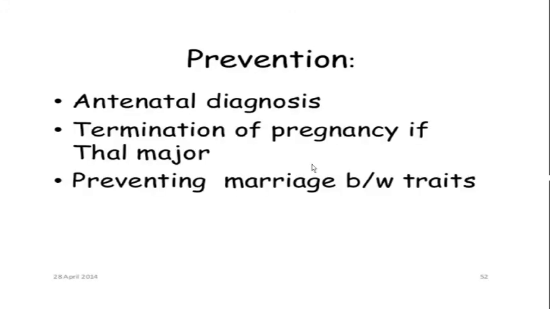So the prevention is very important, especially antenatal diagnosis. If you have an antenatal diagnosis or a couple with any baby with thalassemia major, you need to terminate the pregnancy as soon as the antenatal diagnosis is made, and we even try to prevent marriages between the traits.